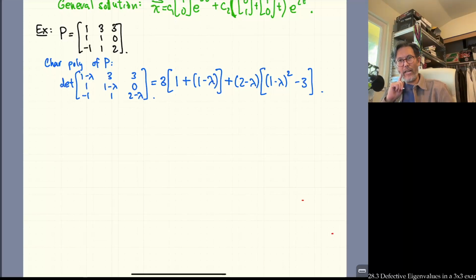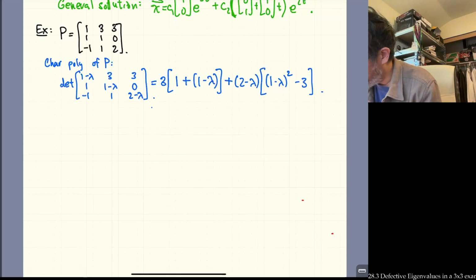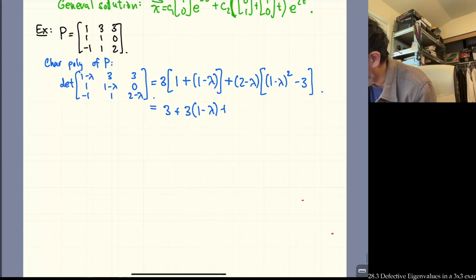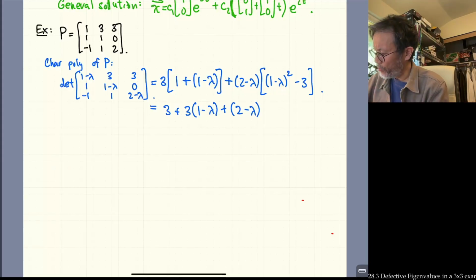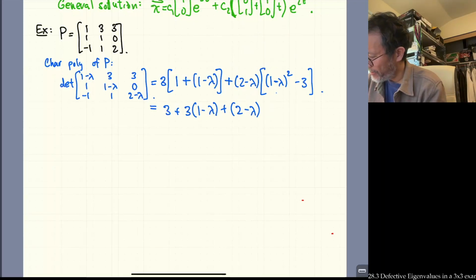Well, I don't know what happens now. Let's see what we can see here. So if I distribute the 3, I get 3 plus 3 times (1 minus lambda). I'm being cautious here because I'm on the lookout for any moves that I can make. Times (2 minus lambda) times, well, I guess I should maybe expand that out.